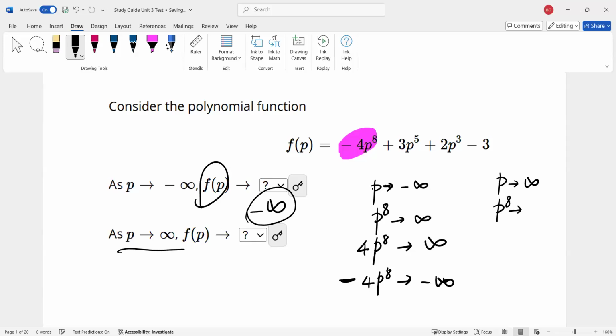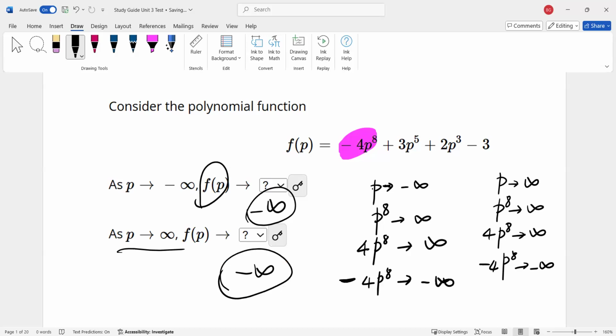P to the power of 8 approaches positive infinity, and multiplying by 94 still approaches positive infinity. But now you change the sign, so this is going to approach negative infinity. So when p approaches positive infinity, the function also approaches negative infinity.